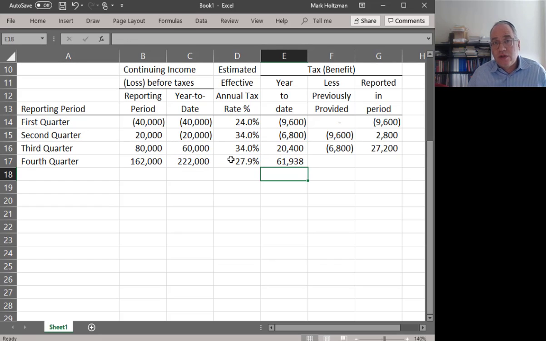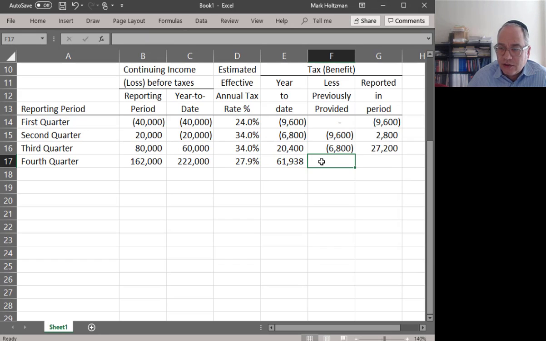And again, they went into a certain calculation to show how you would do a net operating loss carry forward with this, and that's how they got this weird tax rate of 27.9%. Let's never mind that. So that would mean that total taxes for the year should be $61,938.